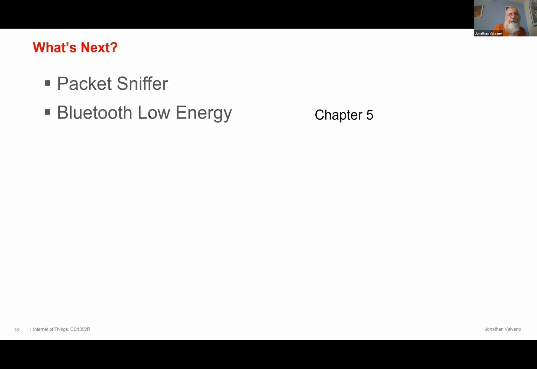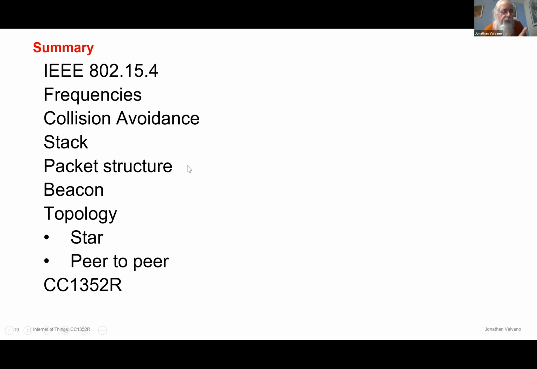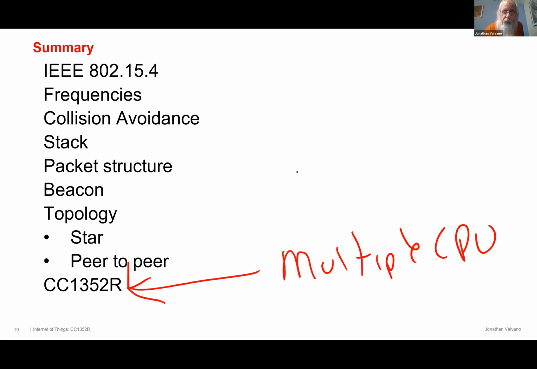All right. Okay, so I showed you the packet sniffer. Okay, so I'm done with this, I'm pretty sure. Yeah, so what were you supposed to get out of here? Again, I don't want you to know any of the 1352 details. What I want you to know is that it's got multiple CPUs with well-defined interfaces.